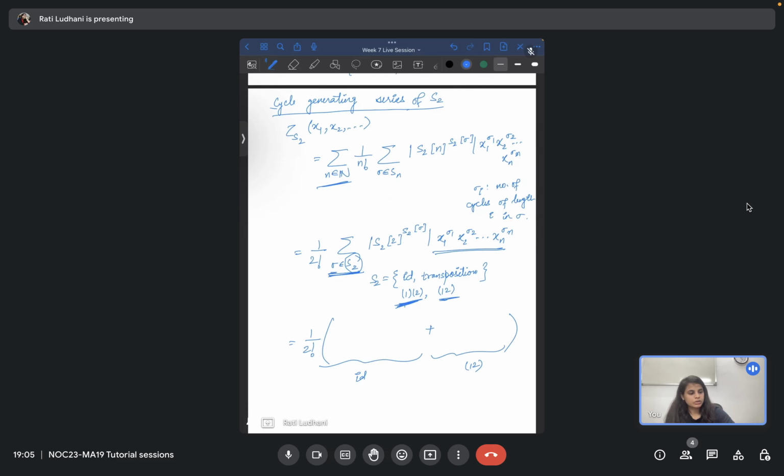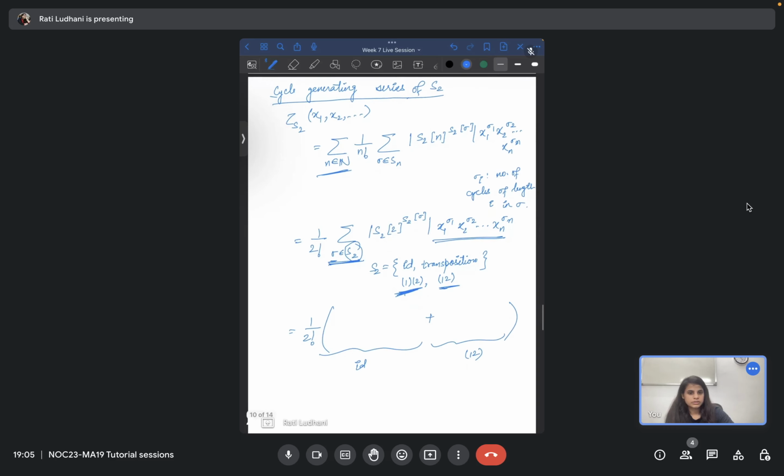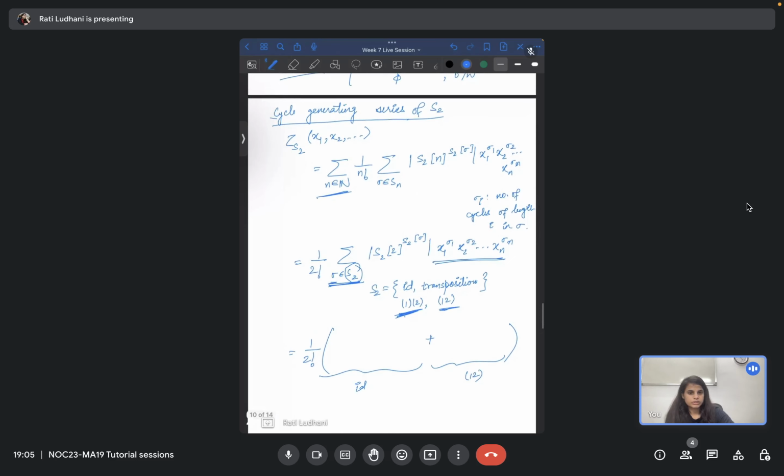For identity, what is the value of sigma 1? Two, right? Because we need to count the 1-cycles. There are two 1-cycles, so you'll have x1 raised to power 2. And there is no sigma 2, sigma 3, everything is 0, because there are no 2-cycles or 3-cycles. We just have 1-cycles here, so you will have x1 raised to power 2.